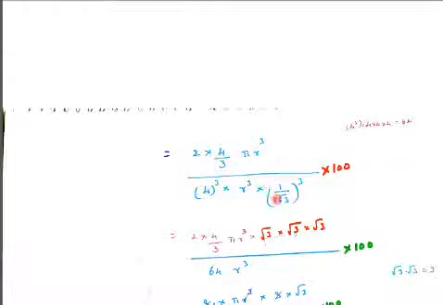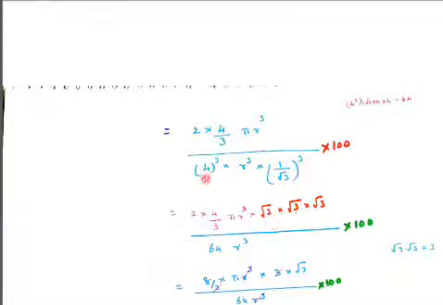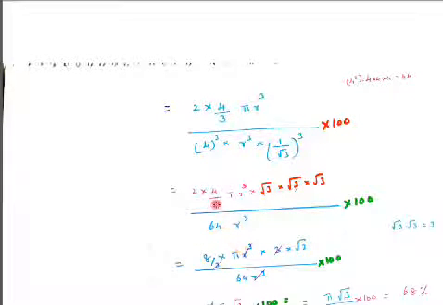So we will take the root 3 to the numerator: 2 into 4 by 3 pi r cubed into root 3 into root 3 into root 3, divided by 64 r cubed. Now we can just bring this, let the 3 be here, and 4 into 3 is 8.